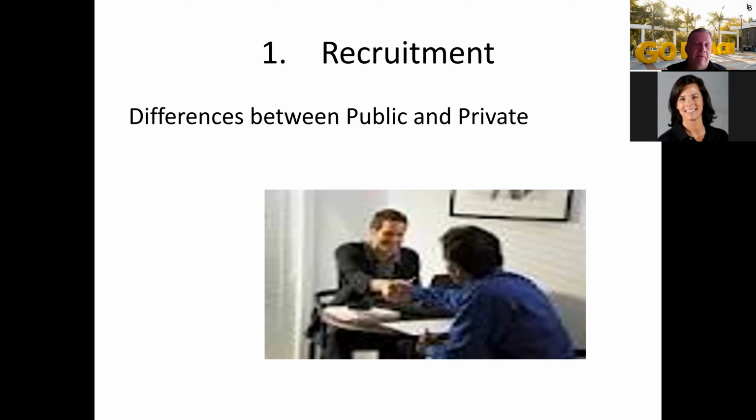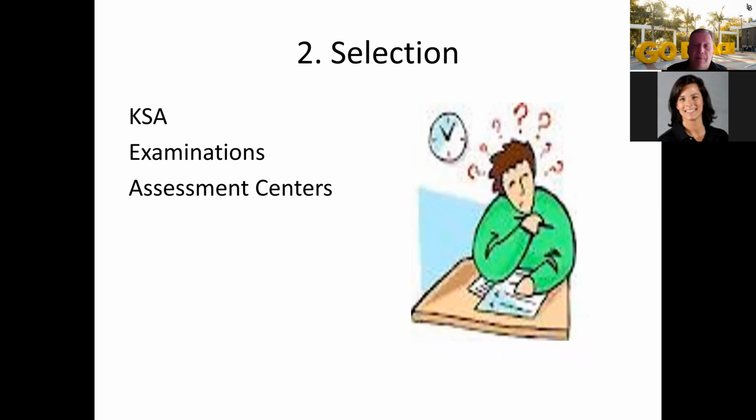But it goes beyond just having the applicant pool approved by the Office of Equity and Diversity. Once you've got that applicant pool, then it's time to go through that applicant pool and select people to interview for the position. And that moves you into the second function of HRM, which is obviously the selection function.